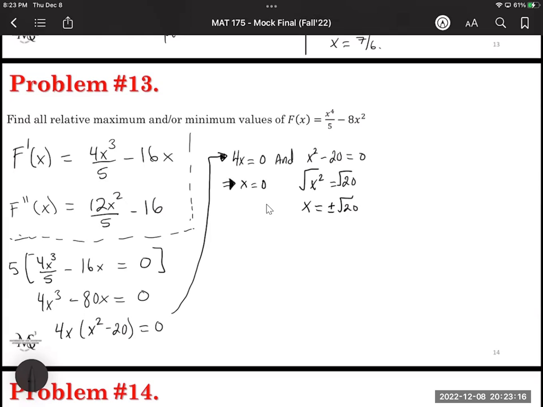But more importantly, these now are the 3 critical values, right? So the critical values here are x equals 0, x equals negative square root of 20, and x equals square root of 20.